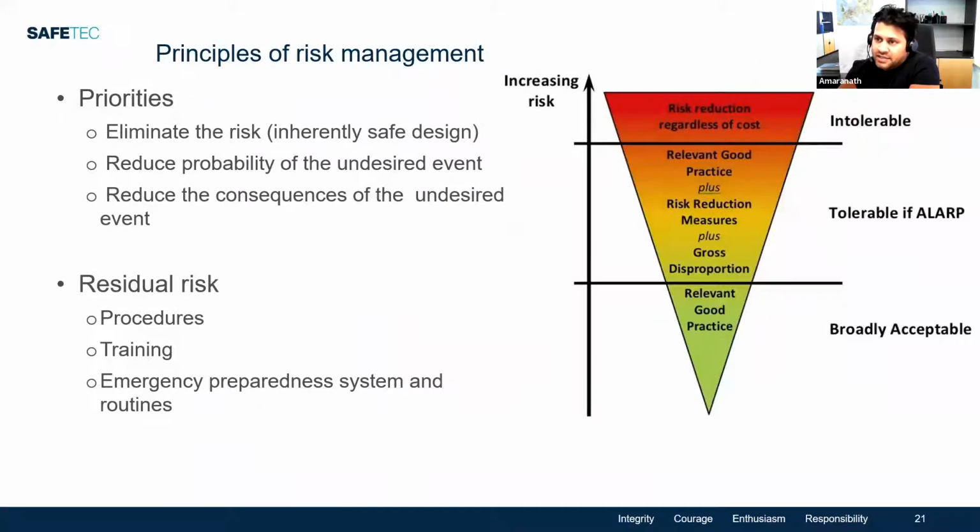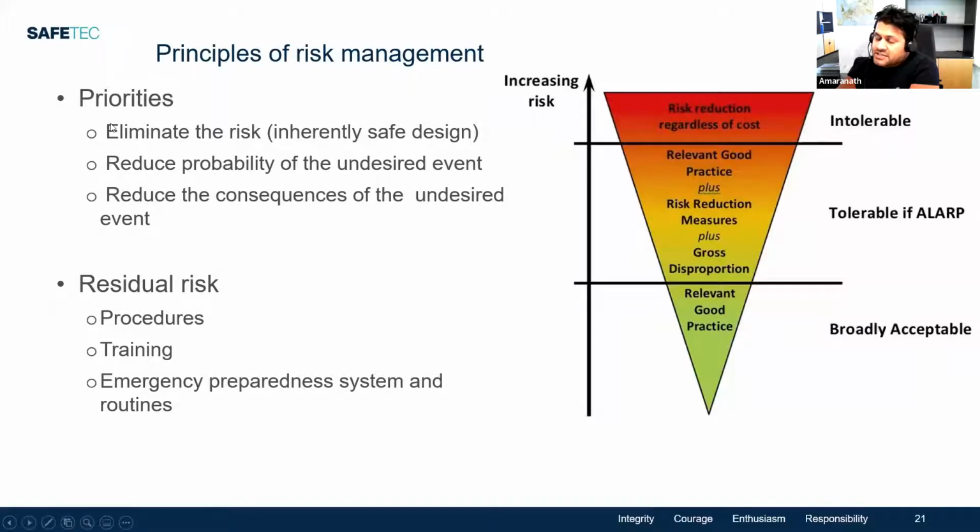So when the risk is calculated and compared with the risk tolerance criteria, we can take precautions, or we can improve the design by taking alarm measures. When we have a risk in the tolerable area, it can be further reduced by taking risk reducing measures. And if the risk is intolerable, the design will not be approved, and then we need to do some design changes to minimize the risk level.